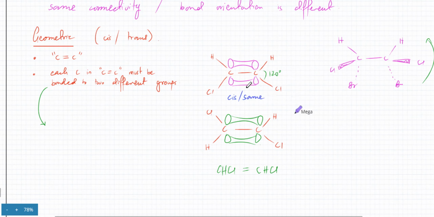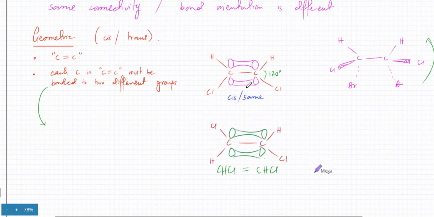That's your cis, and the second one is your trans version. In the trans version, the same groups, or whatever groups exist in the molecule, would be pointing in opposite directions.